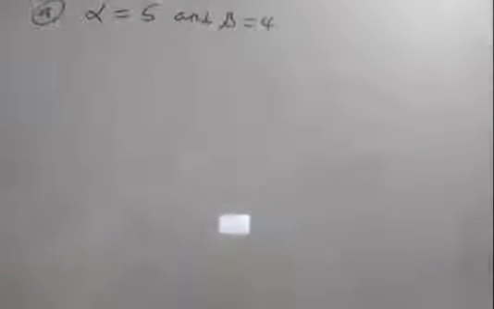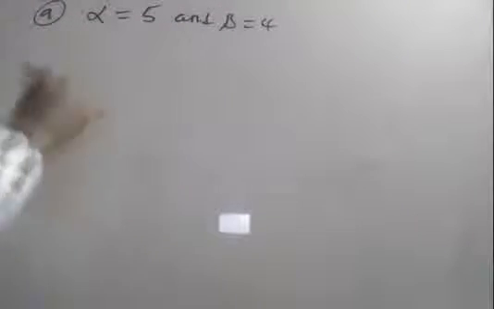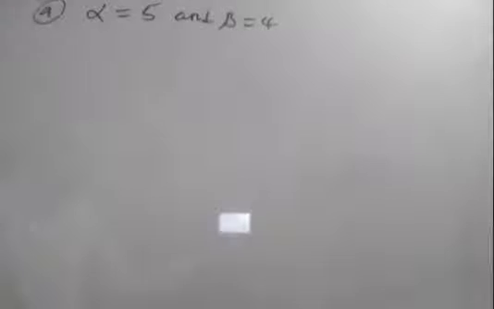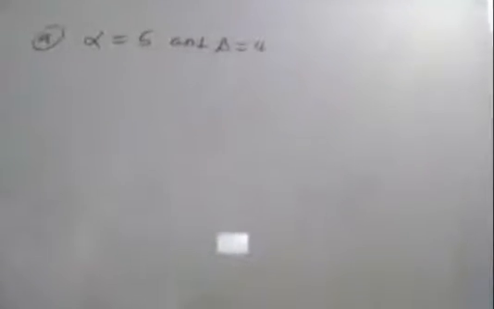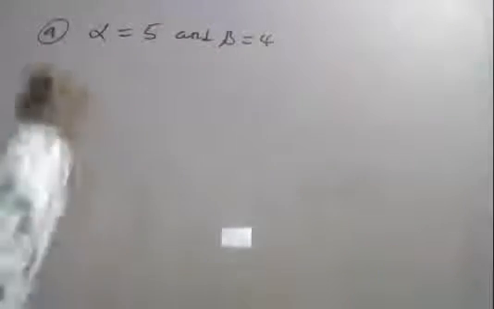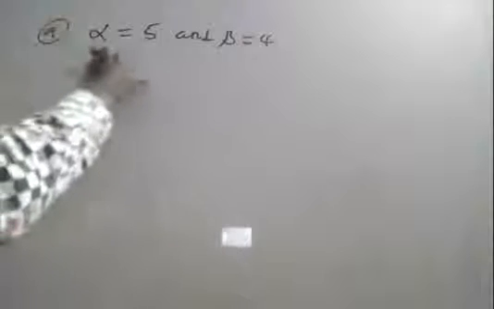So A, that's the first one. We have alpha equals 5 and beta equals 4. These are the roots of the quadratic equation. You know that alpha plus beta will be equal to 5 plus 4, which is 9.